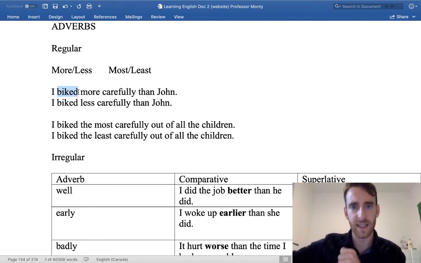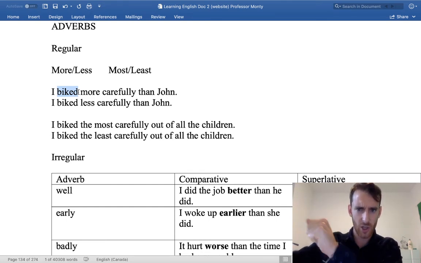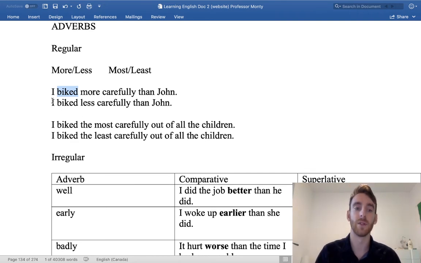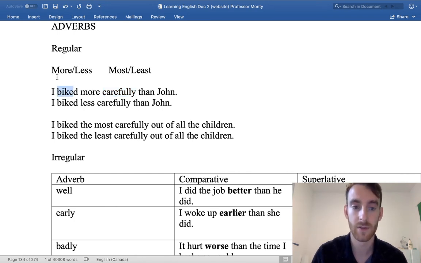Unlike adjectives, like he is tall, where tall describes him, adverbs describe verbs. So for example, I biked more carefully than John. Here I'm describing how I biked, giving more information about this verb, right?